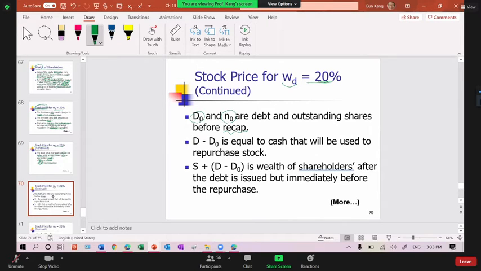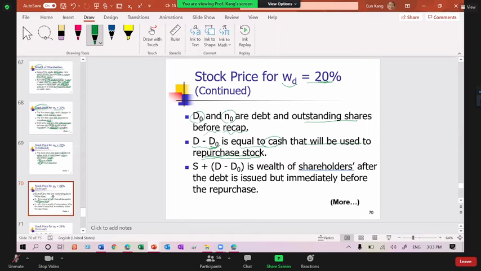N0 is outstanding shares before recap. Then D minus D0 is equal to cash that will be used to repurchase stock, okay?